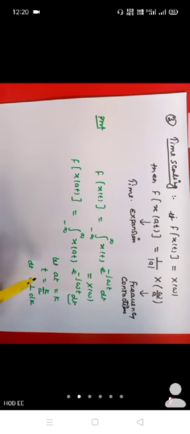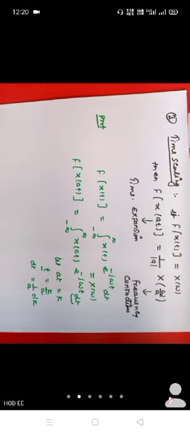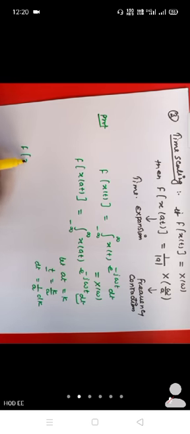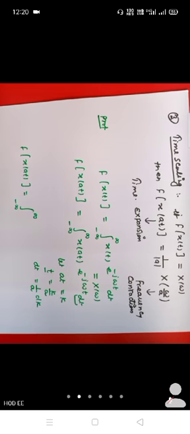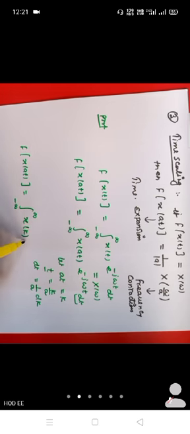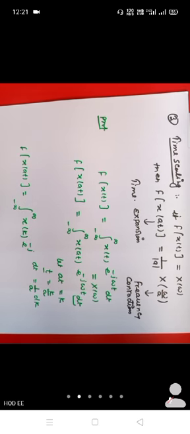Now we will see the limits. When we take t equal to minus infinity, k will be minus infinity. When we take t equal to plus infinity, k will be plus infinity. So there is no change in limits. So the Fourier transform of x(at) is equal to the integral from minus infinity to plus infinity of a function of the new variable, x(k) e raised to the power minus j, now omega t is replaced by omega k by a, and dt is equal to 1 upon a dk.